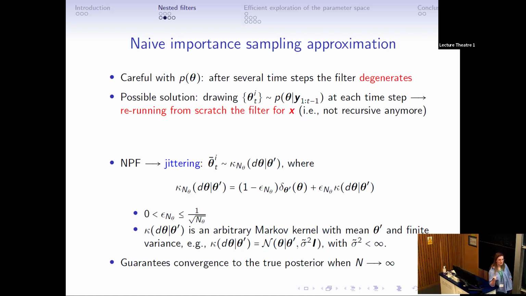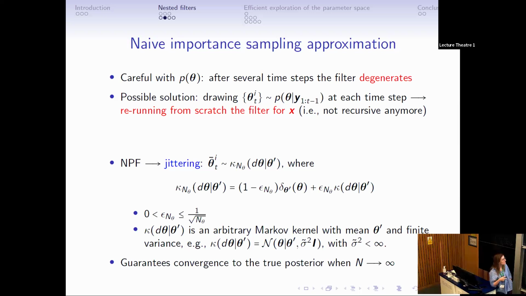And you may say this is going to be biased, but it's not. If you describe this jittering step properly, the nested particle filter still converges to the true posterior when n tends to infinity, and it allows us to keep the method recursive.